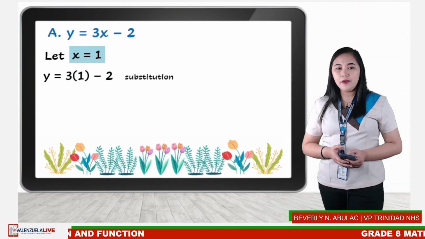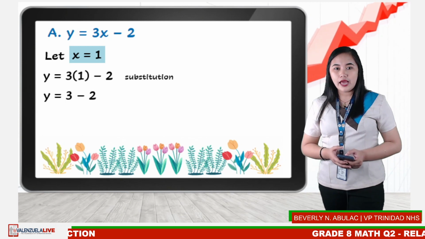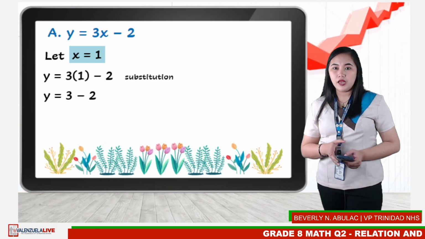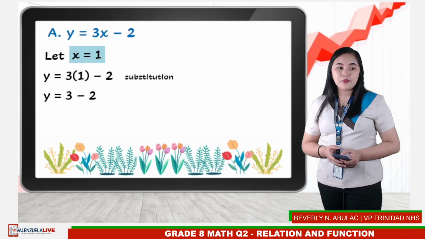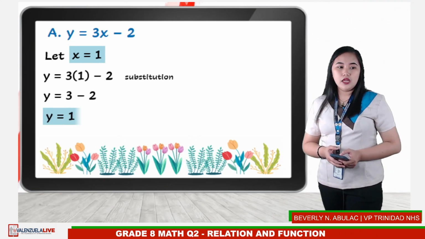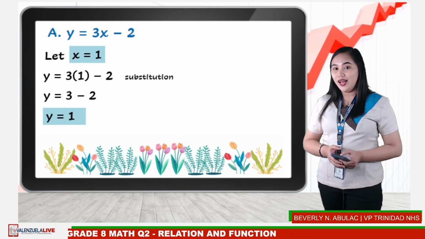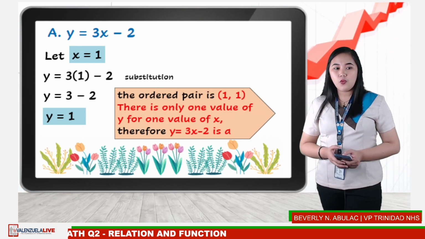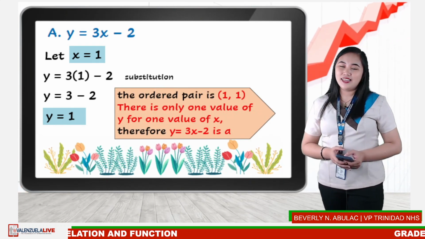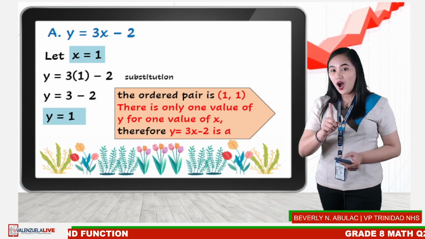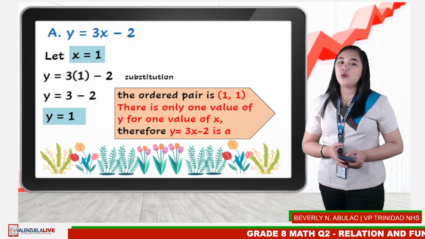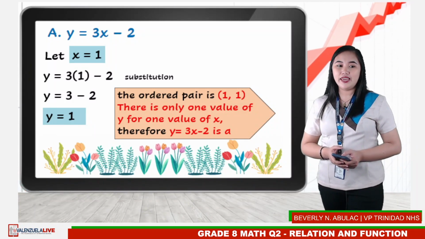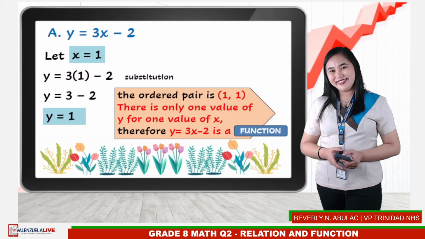Then we have y equals 3 times 1 minus 2, then y equals 3 minus 2, then y equals 1. So the ordered pair is (1, 1). There is only one value of y for one value of x. Therefore, y equals 3x minus 2 is a function.